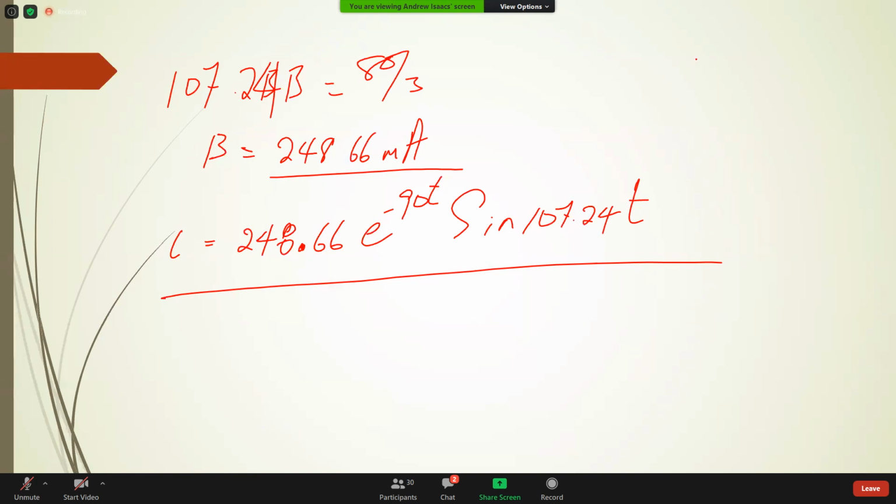Everything that we did in the first example in terms of getting the maximum, I think that was the second part of the question, the time taken to reach a maximum.